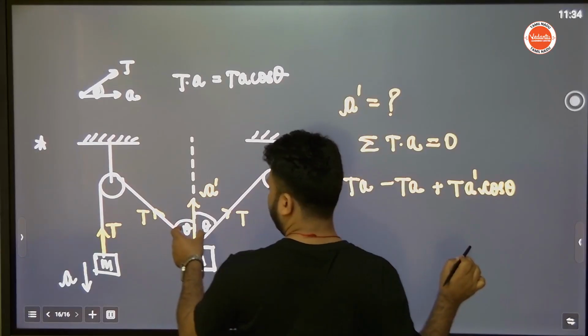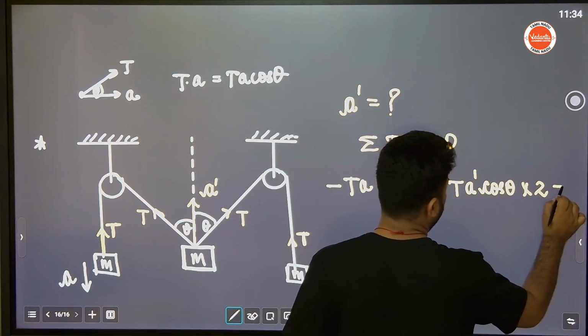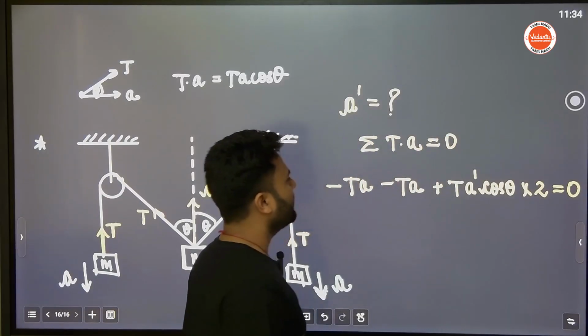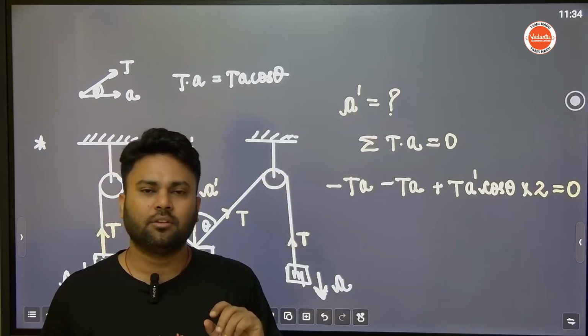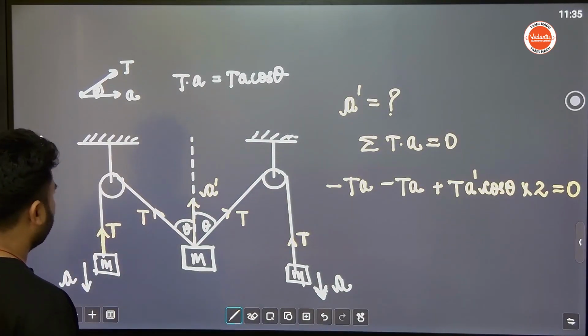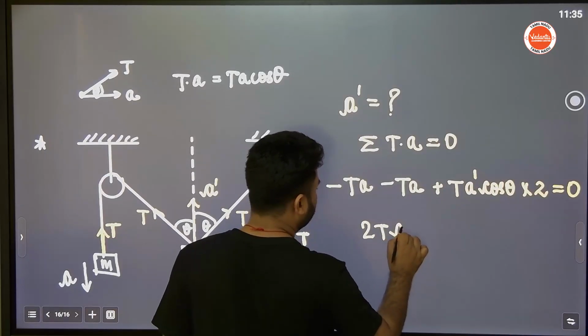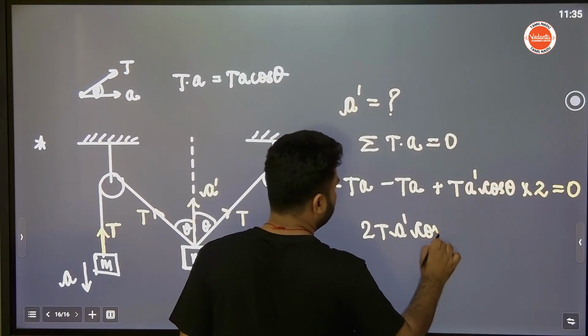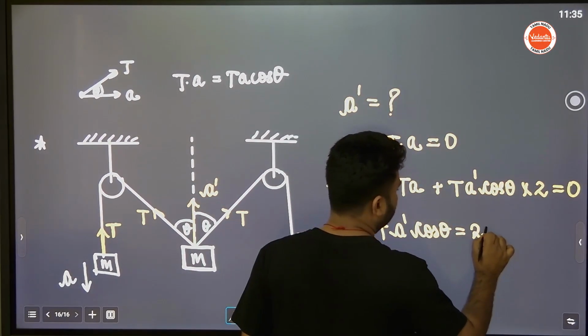And same thing for this thread also. So multiplied by 2. And this should be equal to 0. Always remember, summation of all T dot A should be equal to 0. So finally, 2T A dash cos theta equals minus TA will go that side, so plus 2TA.